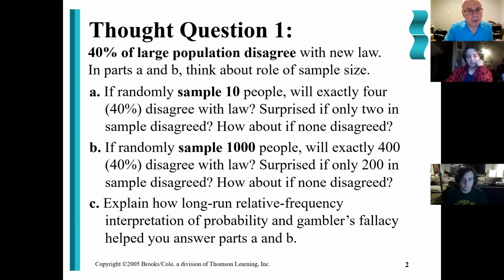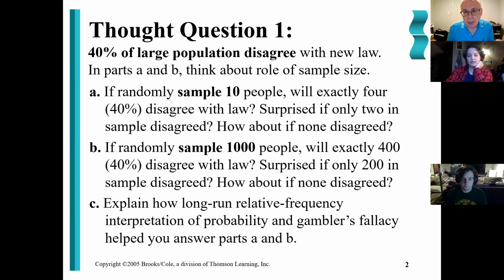Let me say it another way. I'm not really asking will it accurately represent the population. I'm just asking, would you expect exactly 4 people to disagree with the law if I took a sample of 10? Would that be necessarily the result I would get, or could I get something else?